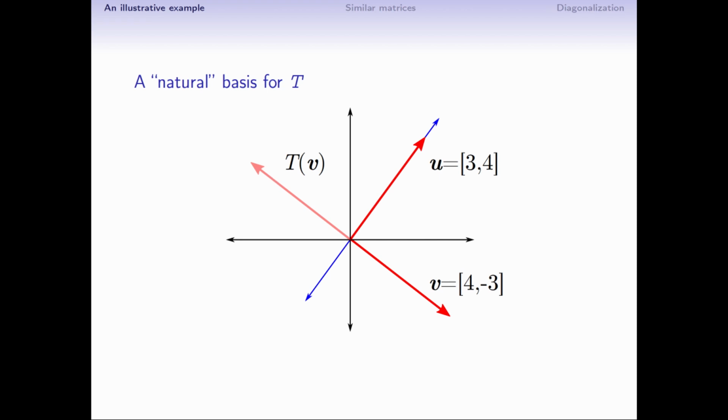So we have two vectors, u and v, under which the transformation T acts in a very simple way. T of u equals u, and T of v equals -v. Now let's go to the document camera and work out the matrix for this transformation using this very natural basis consisting of the vectors u and v.